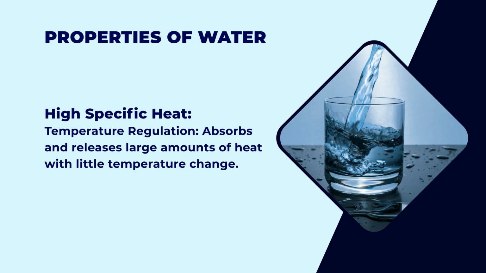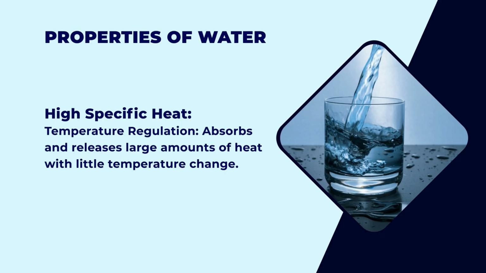We know about specific heat, which is indirectly a type of heat capacity. This is helpful in food processing for temperature regulation. Water absorbs and releases a large amount of heat with little temperature change.